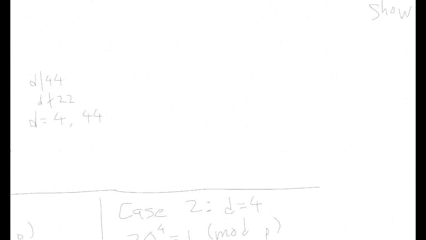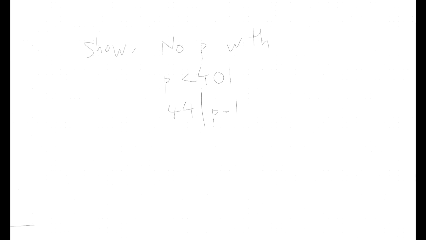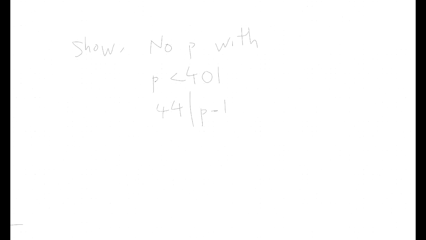But for d equals 44, we only checked the smallest value of p for 44 divides p minus 1. So we should go through all of them to make sure there's none less than 401. So you can find that the only primes with p less than 401 and 44 divides p minus 1 are 353 and 397.